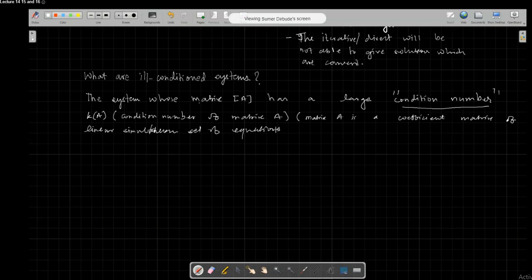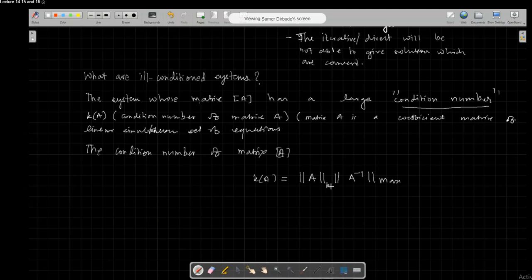And how is it defined? The condition number of matrix A, kappa A, is equal to the matrix norm of A multiplied by the matrix norm of A inverse. So first, for the condition number to be checked, the matrix should have an inverse.